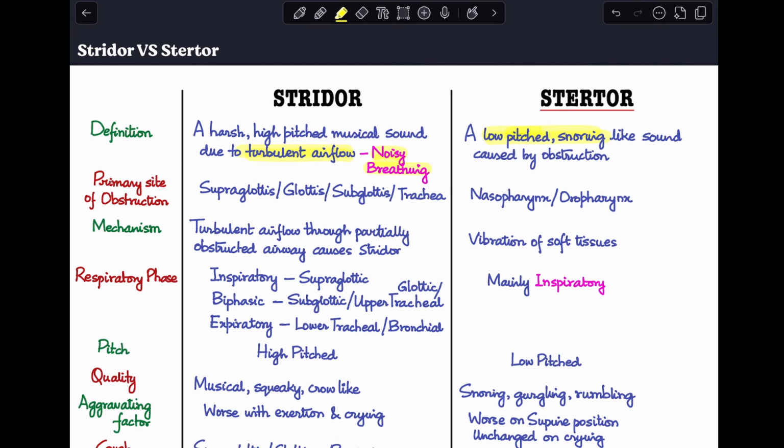Before that, what is the site of obstruction in case of stridor? So, the site of obstruction can be multiple, and depending on that, there can be various types of stridor. The obstruction can be either in the supraglottis, the glottis, subglottis, or the trachea. Whereas for stertor, the primary site of obstruction is either the nasopharynx or the oropharynx.